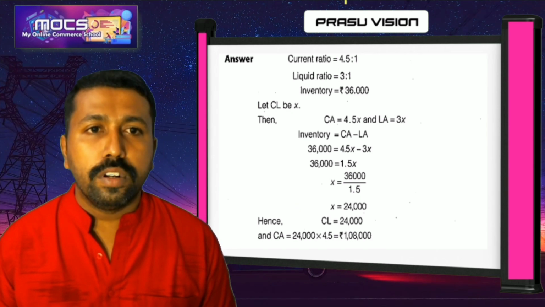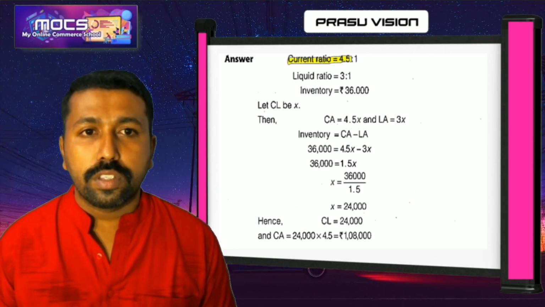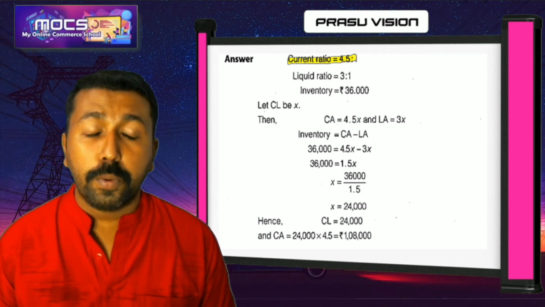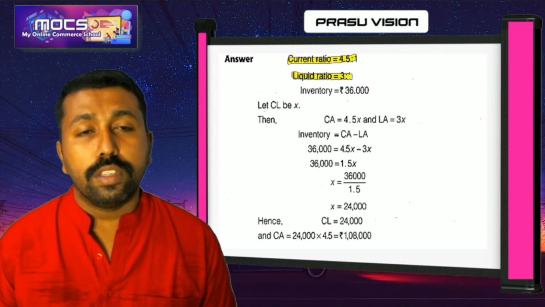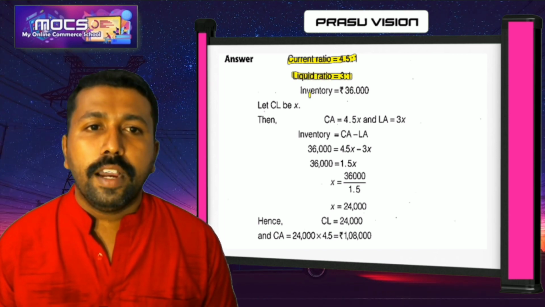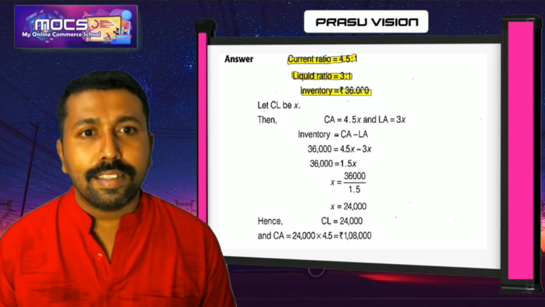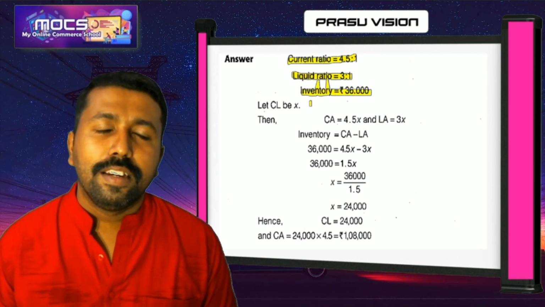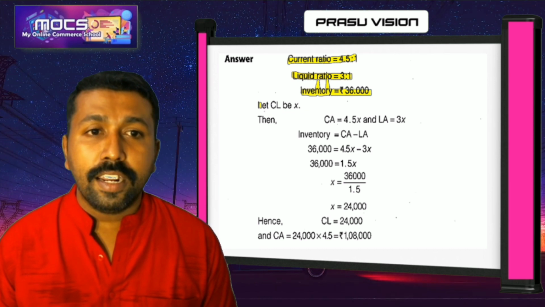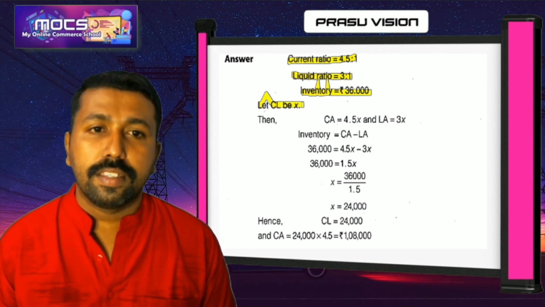So first of all, we are listing the ratios. Current ratio is 4.5 is to 1. Liquid ratio is 3 is to 1. And the value of inventory given is 36,000.